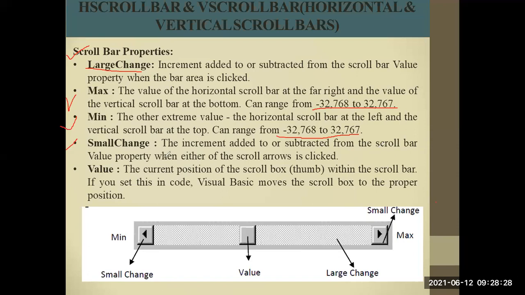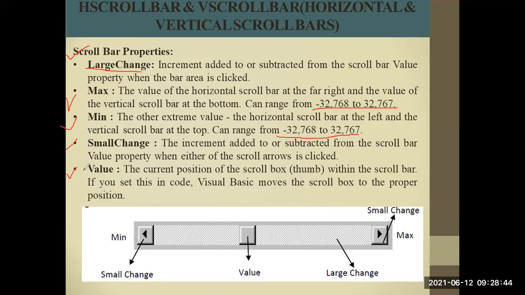Then value is a very important property. As we said, the value property of the scroll box within the scroll bar will give the current position of your scroll box.